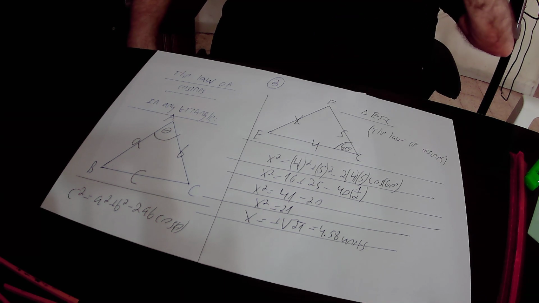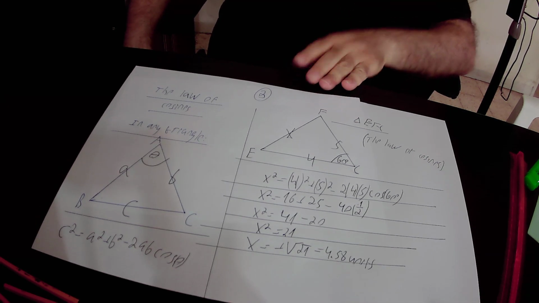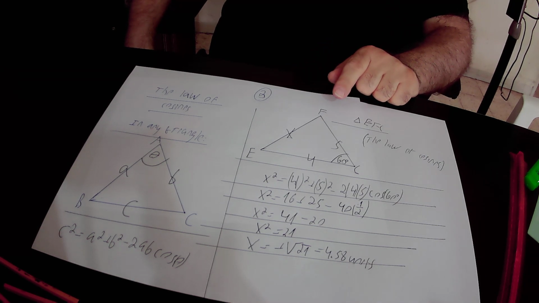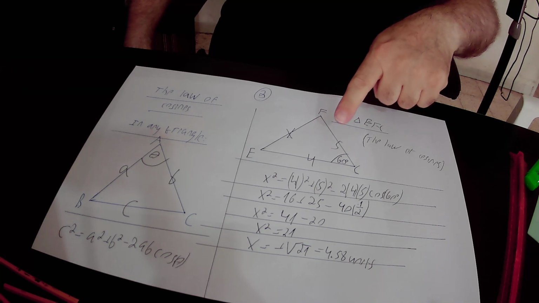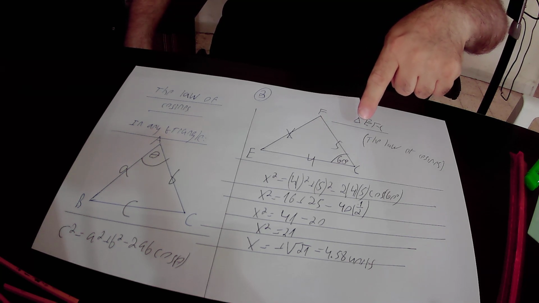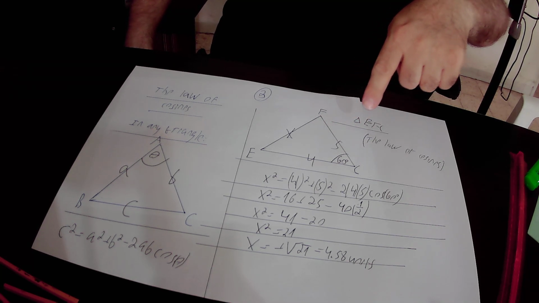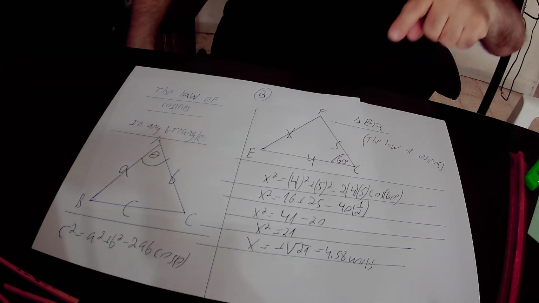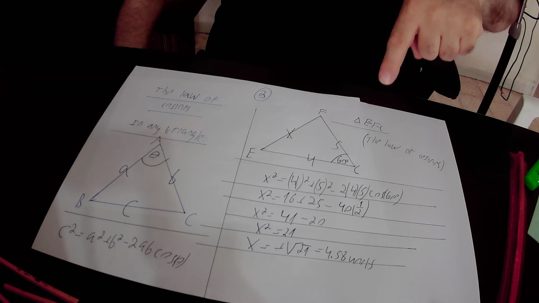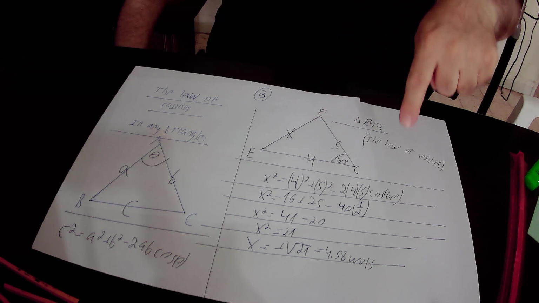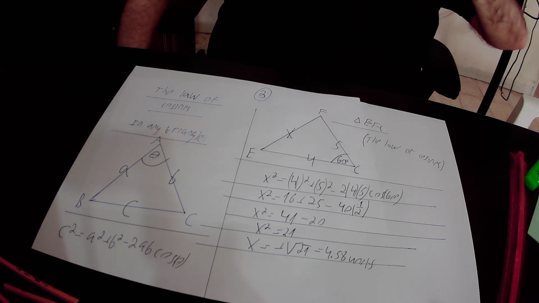So according to the law of cosines, if we implement it in this triangle EFC, we get that x squared equals 4 squared plus 5 squared minus 2 times 4 times 5 times cosine 60 degrees. Again, x squared equals 4 squared plus 5 squared minus 2 times 4 times 5 times cosine 60 degrees.